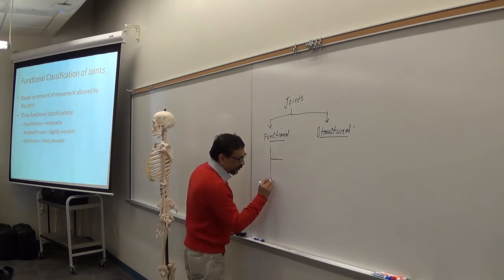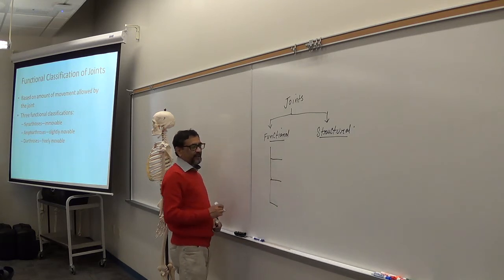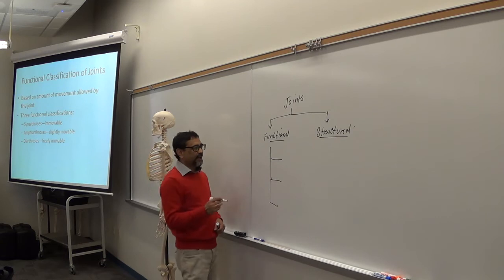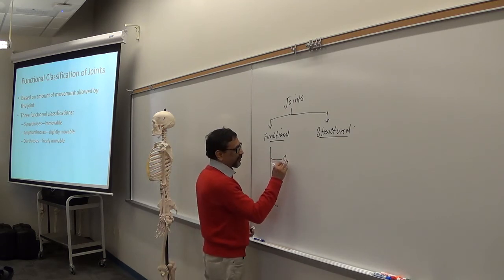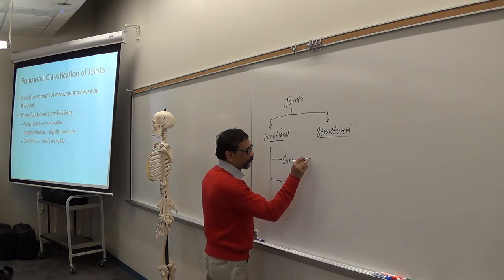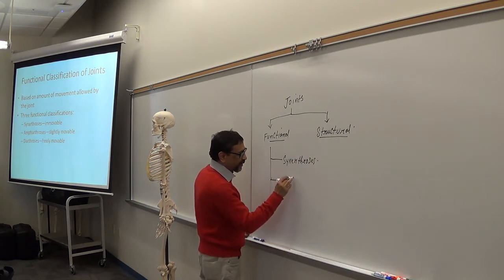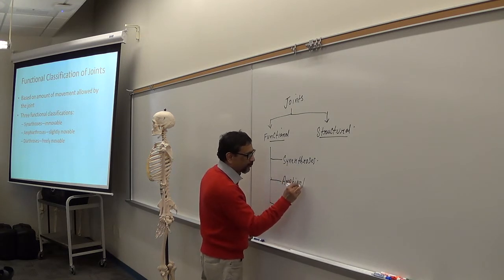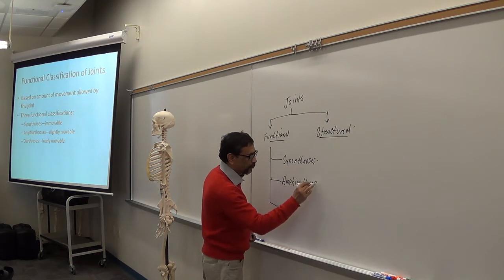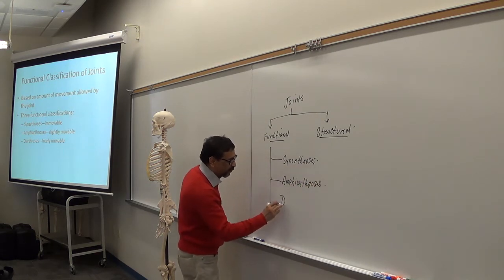By looking at the movement, we divide the joints into three types: synarthrosis, amphiarthrosis, and diarthrosis.